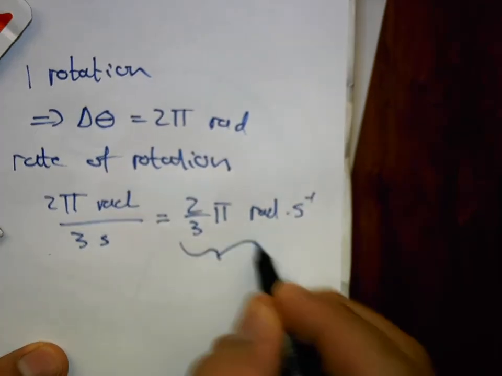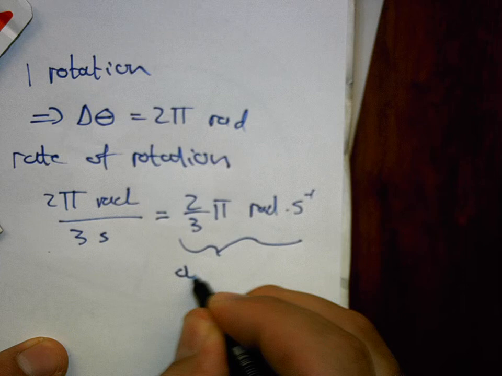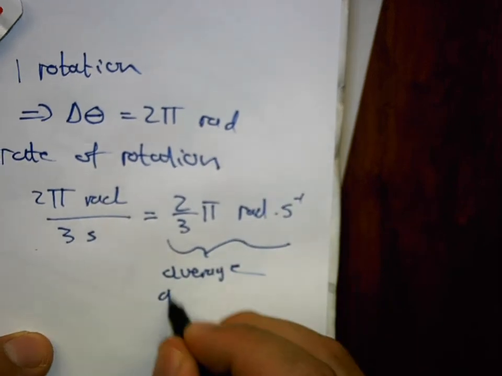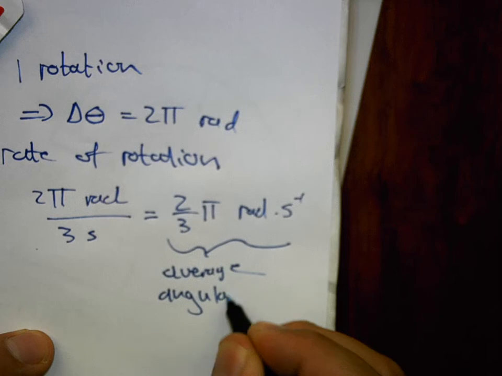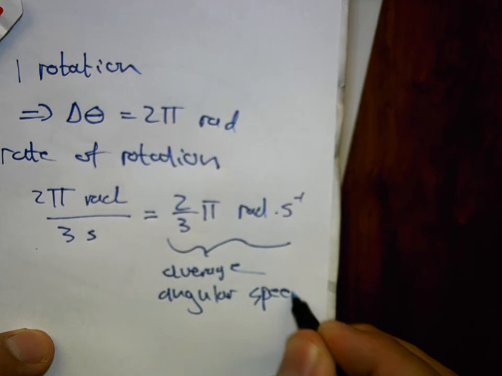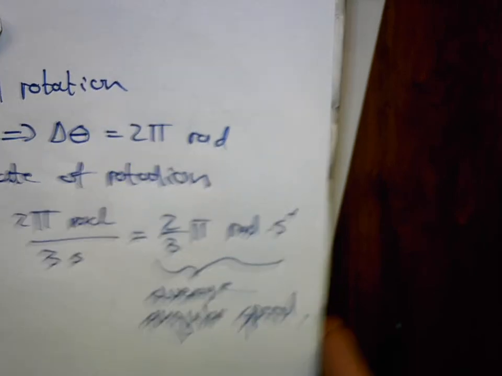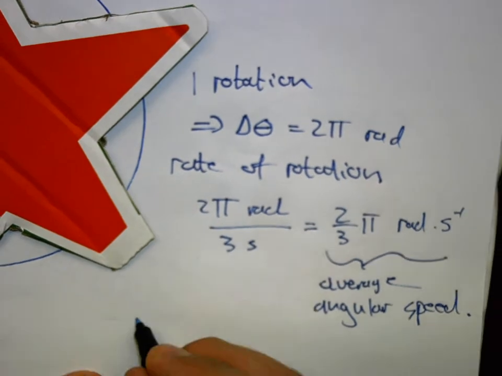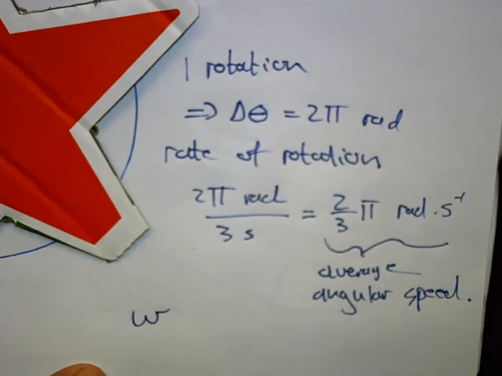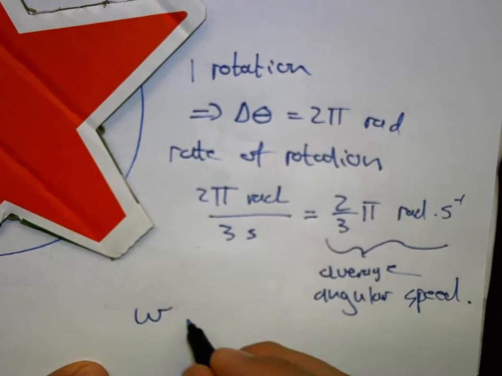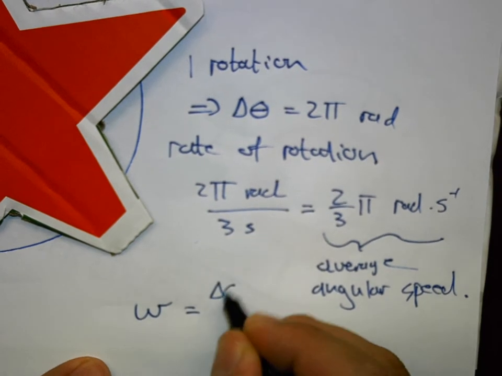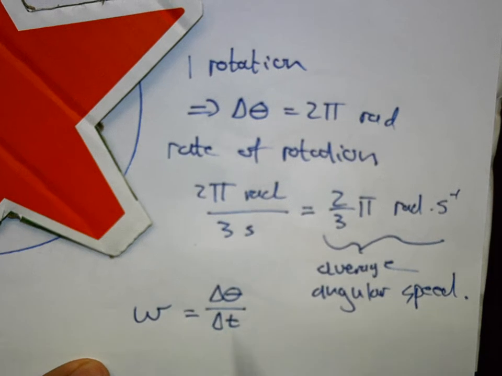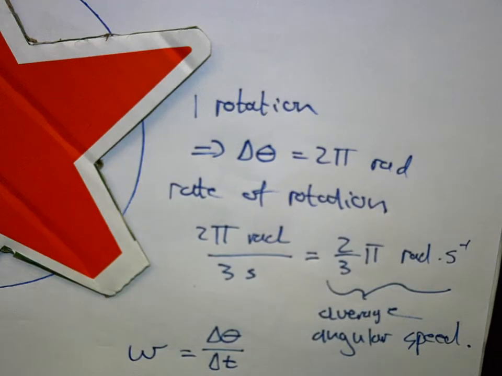And we call this quantity our average angular speed. We're going to use the Greek symbol omega to denote the average angular speed, and that is just the change in angular position divided by the time it takes to change the angular position by that much.